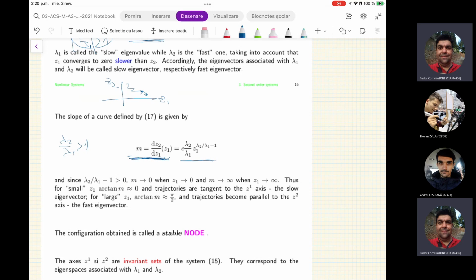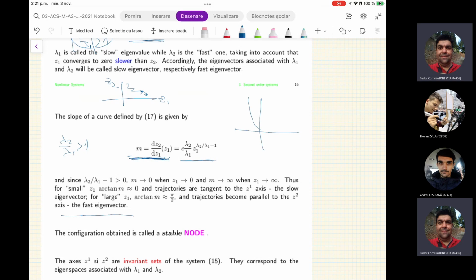So for small z1, the arctangent of m is almost 0, and the trajectories are tangent to the z1 axis, the slow eigenvector. And for the large one, you have pi over 2, so essentially you get something like this, and the trajectories become parallel to the z2 fast eigenvector.